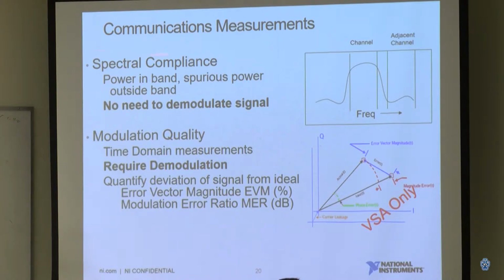So in communication measurement, how are we going to characterize it? Let's say you have a signal in frequency domain, right? This is the frequency range, and the channel is in the middle, at the center frequency, with a certain amount of bandwidth. Outside of this bandwidth, you can also measure the adjacent channel. Consider the signal transmitted in air.